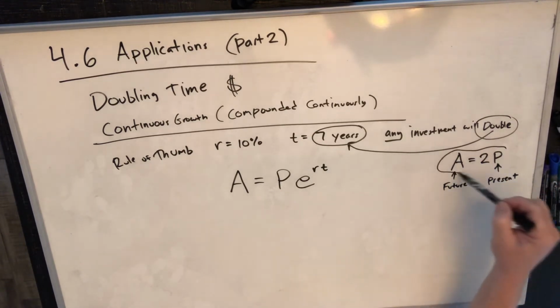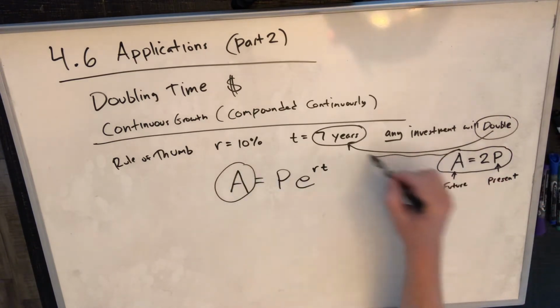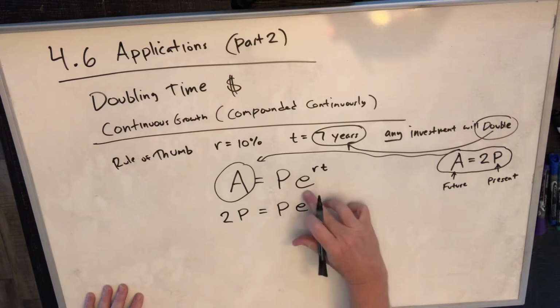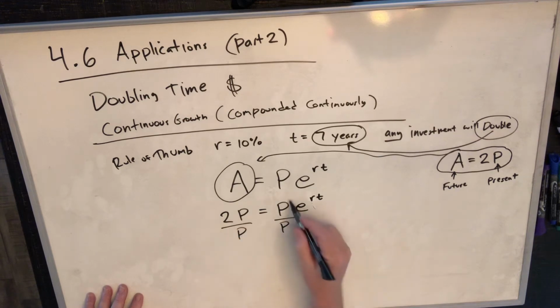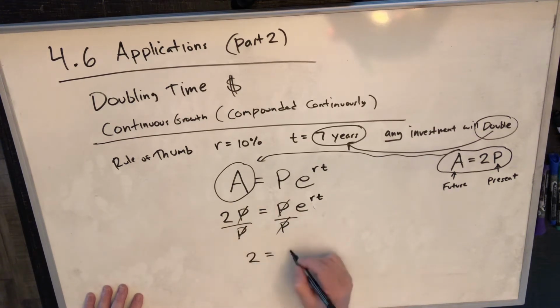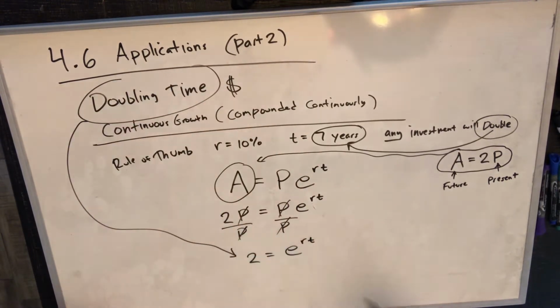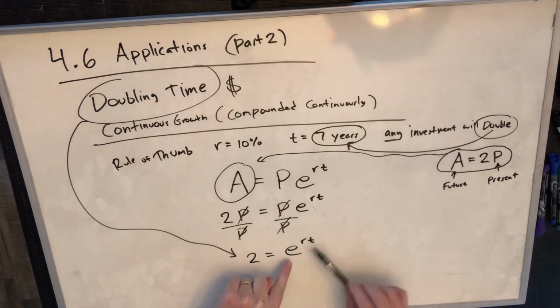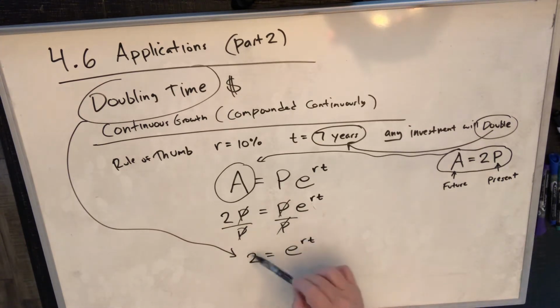This happened in yesterday's lecture when I replaced A with 2P, substituting 2P for A. Dividing both sides by P, the principal becomes irrelevant, and you have this as your doubling time formula. So whenever you're solving a problem involving doubling, you're always going to have an exponential function equaling 2, because the original amount ends up canceling out, and you will always have a factor of 2 when something is doubling.